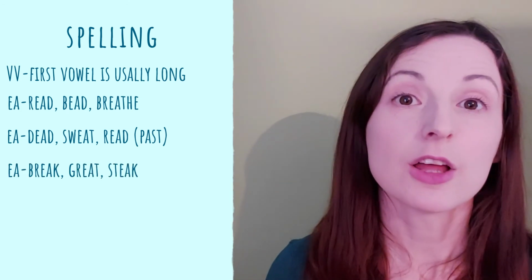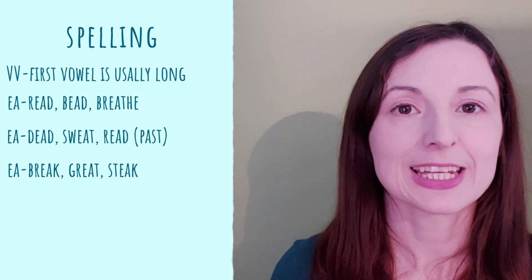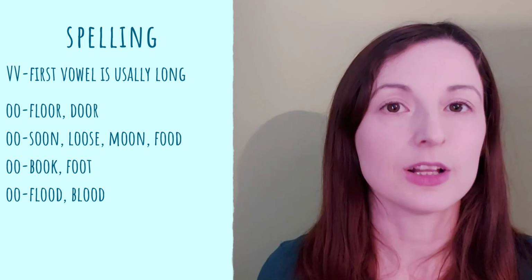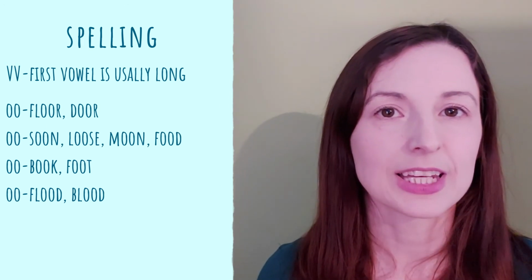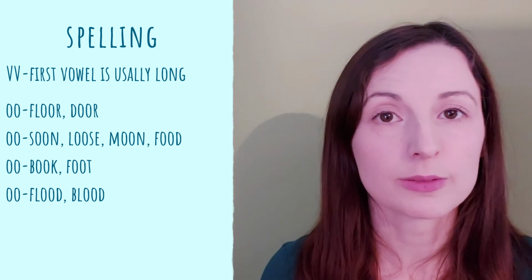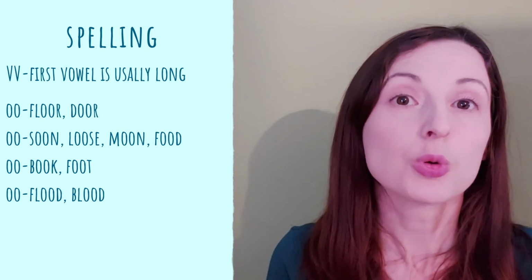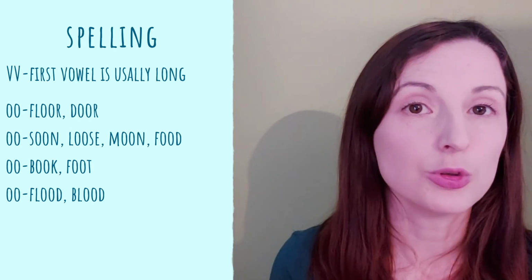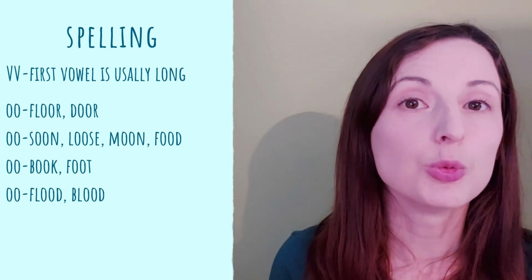EA can be a long A sound, like in break, grate, and steak. OO can be a long O sound, like in floor and door. OO can be a long U sound, like in soon, lose, moon, food.